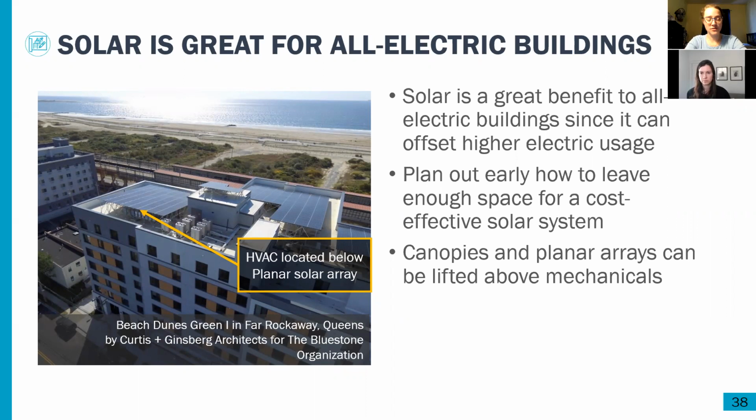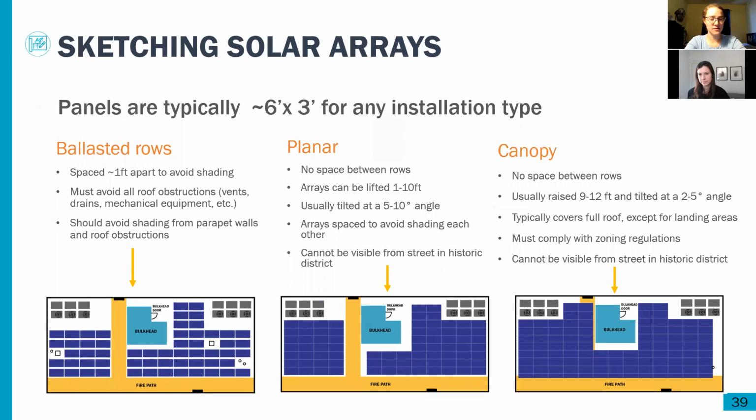If there's HVAC equipment that needs to go on the roof, that can be paired with solar very easily. And again, this is a great opportunity to use the solar feasibility analysis to see how much solar would offset of the common area costs, and how you could pair that with mechanicals.